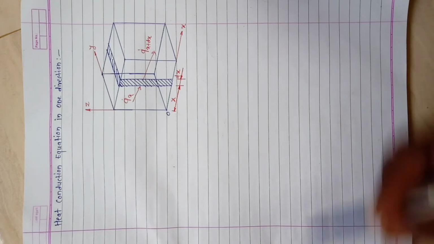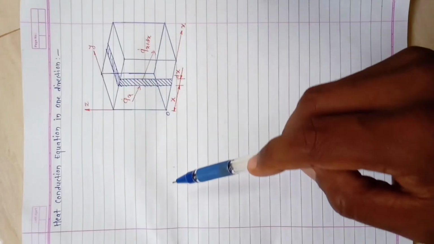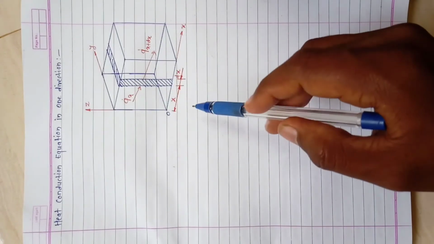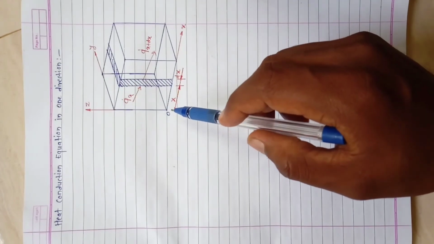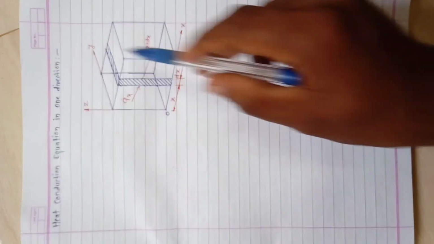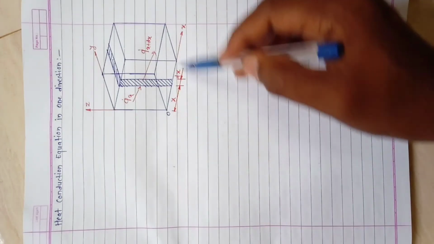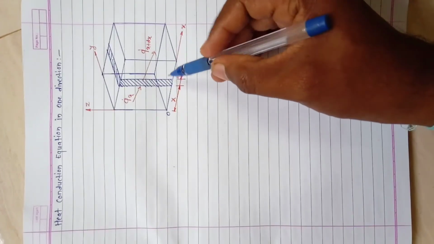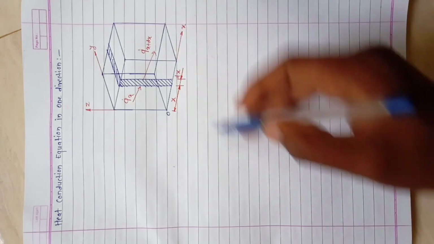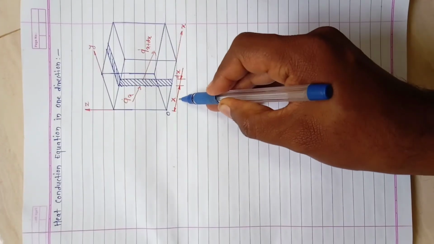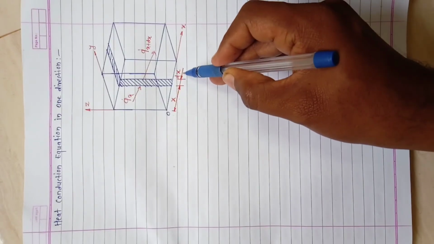For that, we have considered a cubic element which is placed on a three-coordinate system as x, y, and z. Out of this element, we will consider a small elemental volume which is at distance x from the origin and has a thickness of dx.